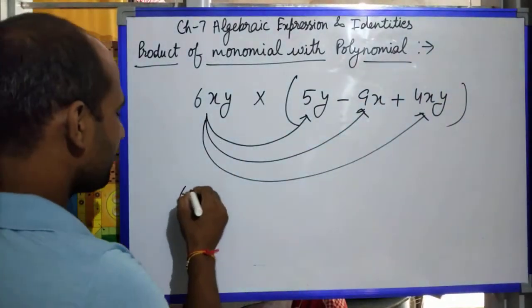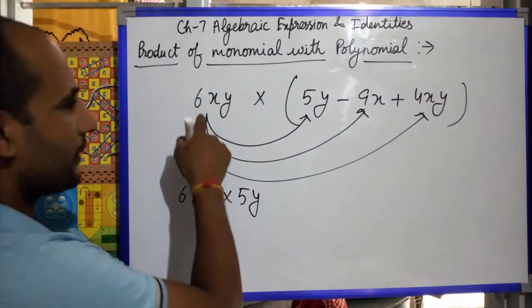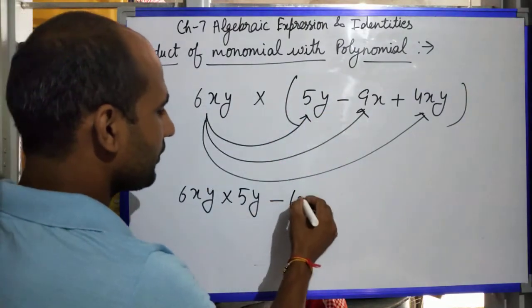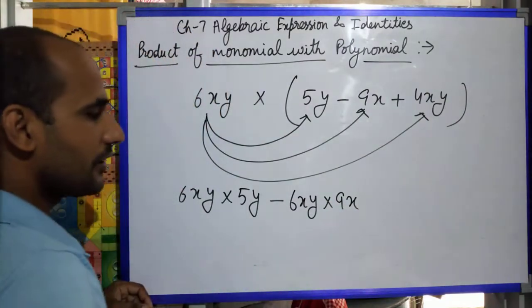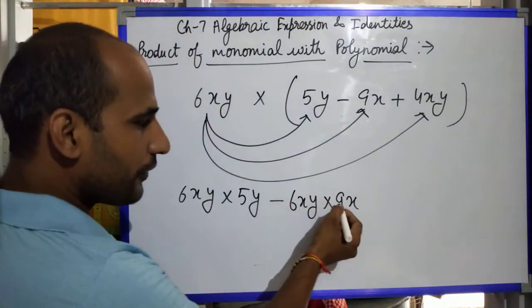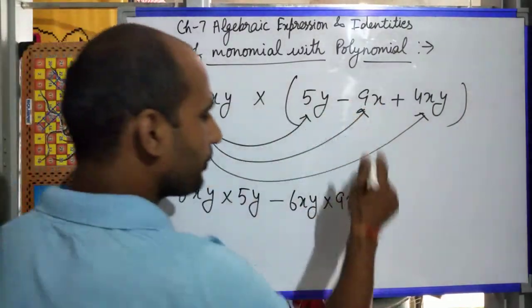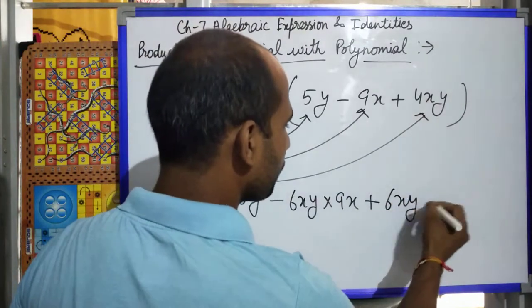How? 6xy is getting multiplied with 5y, then minus into plus is minus, 6xy will get multiplied with 9x. Either take it positive or keep the negative sign with it, otherwise it is okay. Plus into plus is plus, 6xy into 4xy.